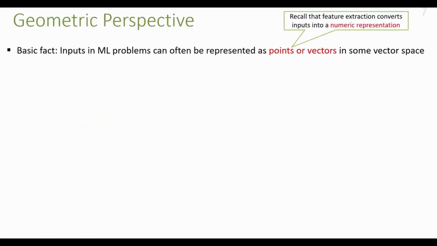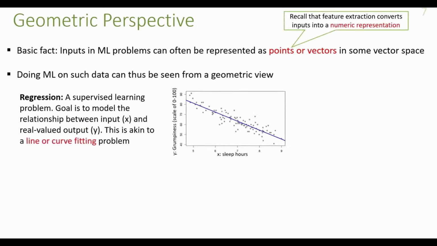Then I also discuss these supervised and unsupervised learning problems from a geometric perspective. In regression, what exactly are we doing? We are trying to establish some relationship between input and output. Y is the output, X is the input, and we are establishing either a linear or non-linear relationship between input and output, right?